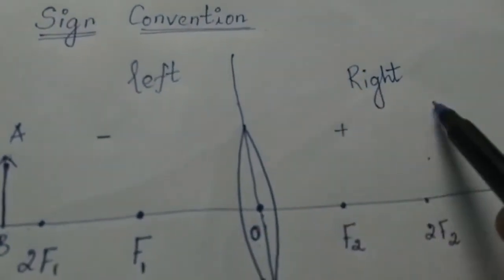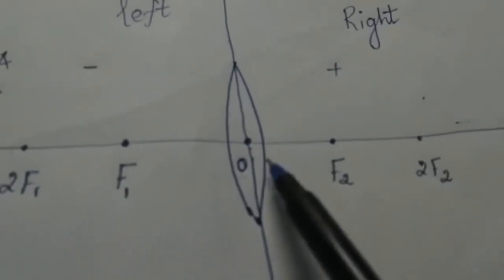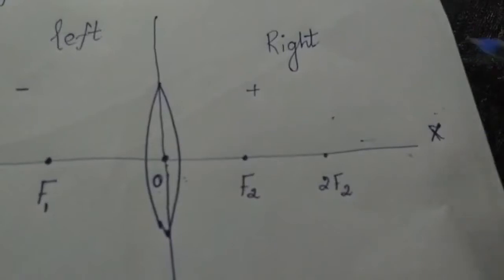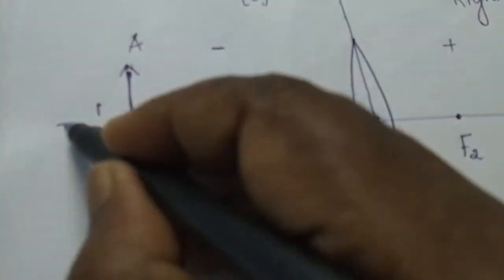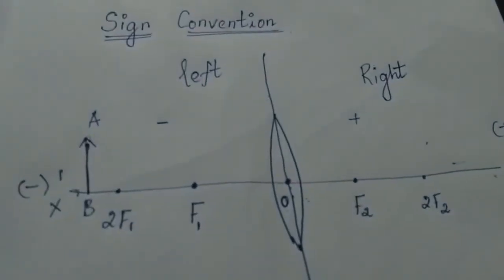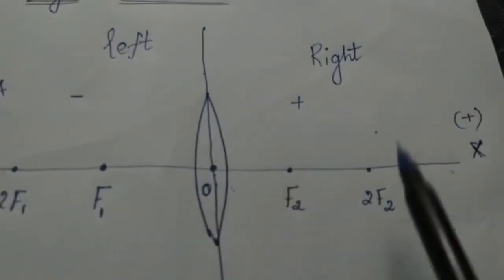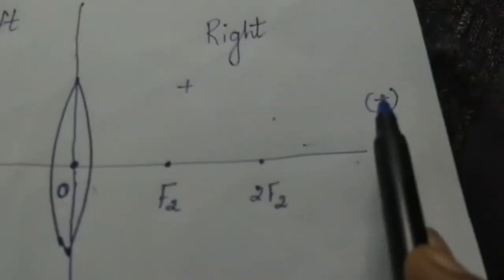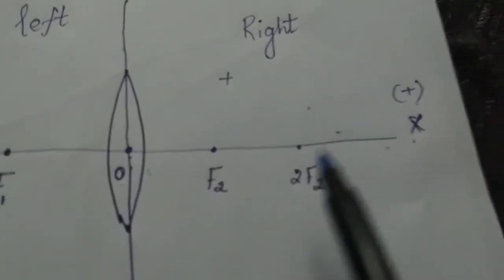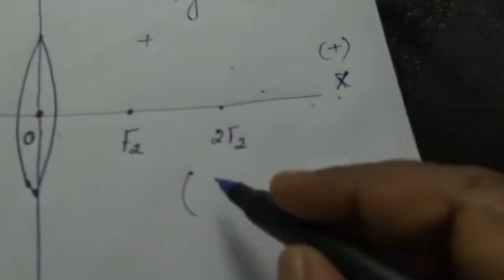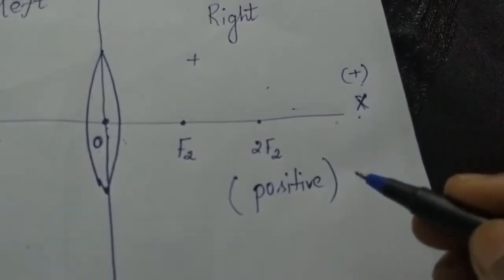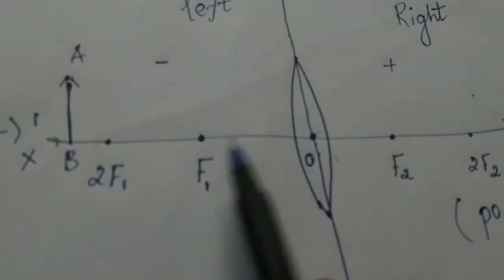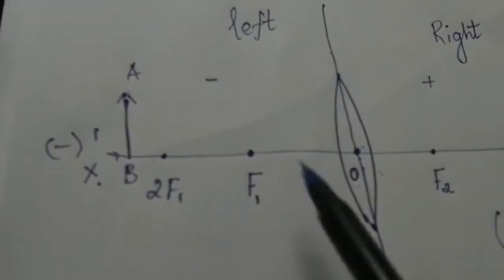All the distances measured to the right of the optical center along the positive x-axis are taken as positive, while those measured to the left of the optical center along the minus x-axis are taken as negative.